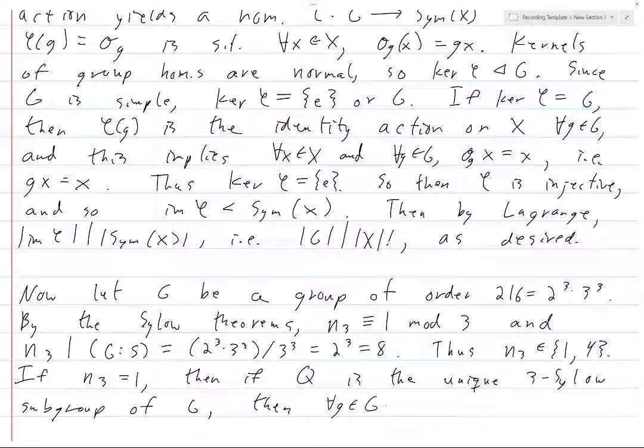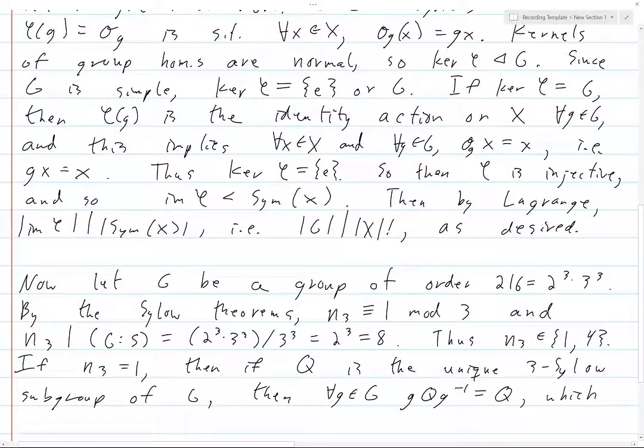So if we look at gQg inverse, this is going to give us another 3 Sylow subgroup, but there's only one option, so that's precisely Q. So for all g in G, gQg inverse is equal to Q.